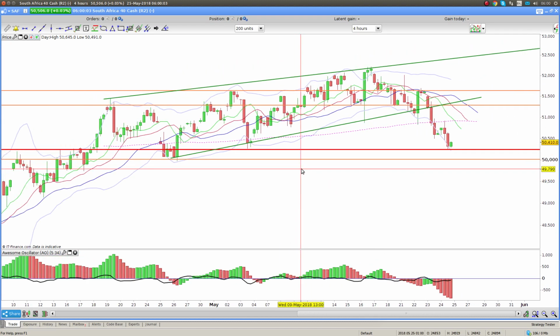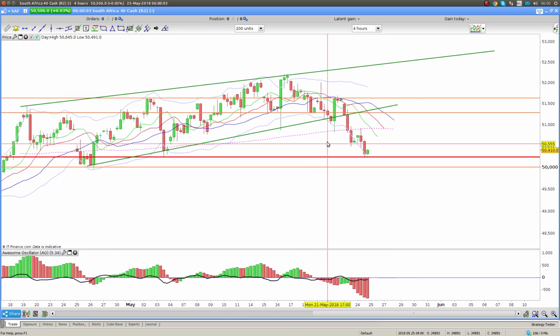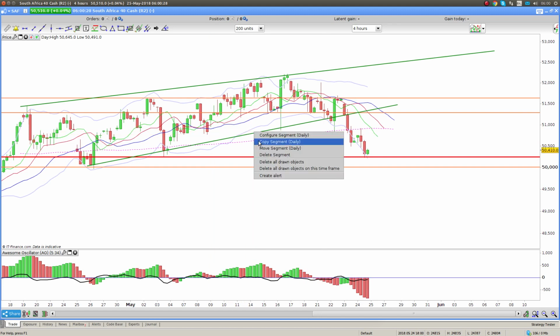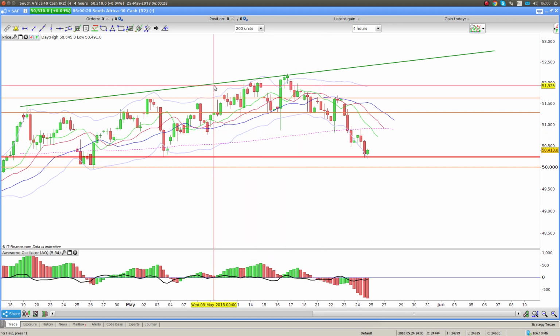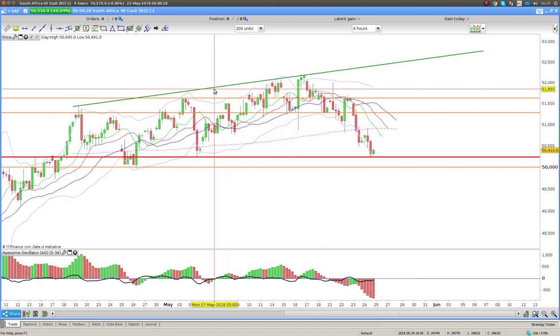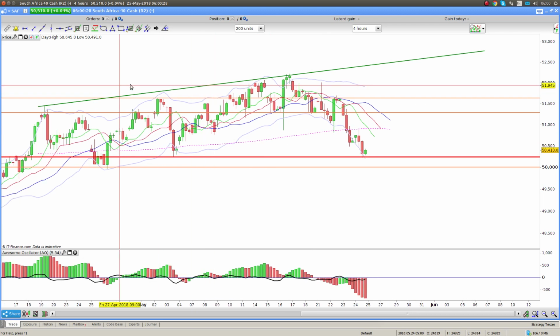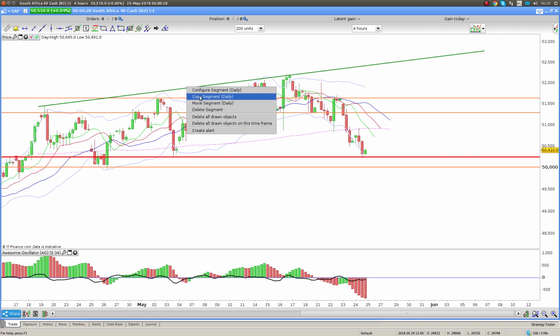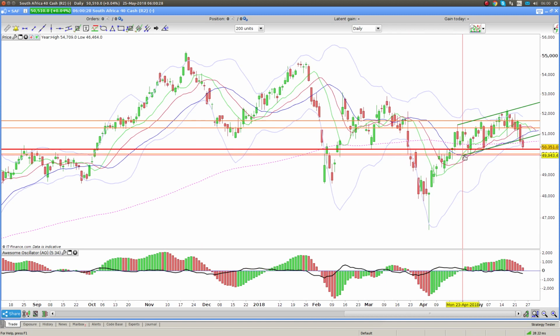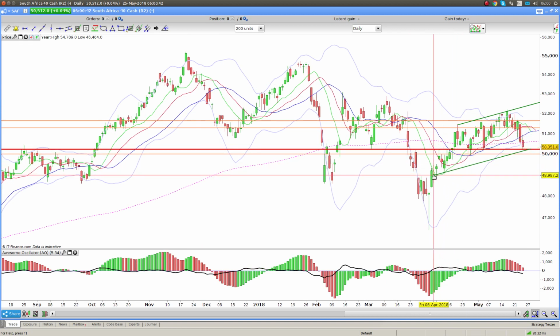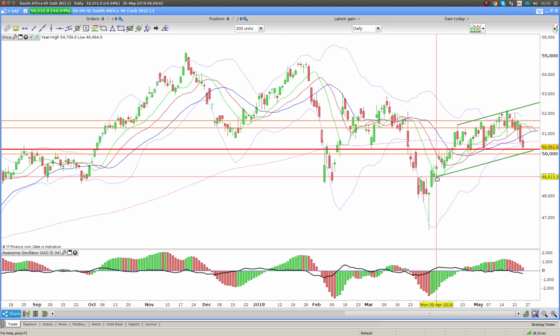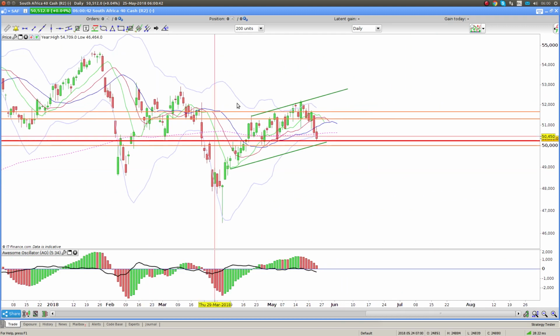Okay, so for now, the play that I have for today is really looking for a long. I just want to delete that segment, and just want to check something here. I just remember I copied the trend line on the top just to see if this was another broader channel, but it's not.